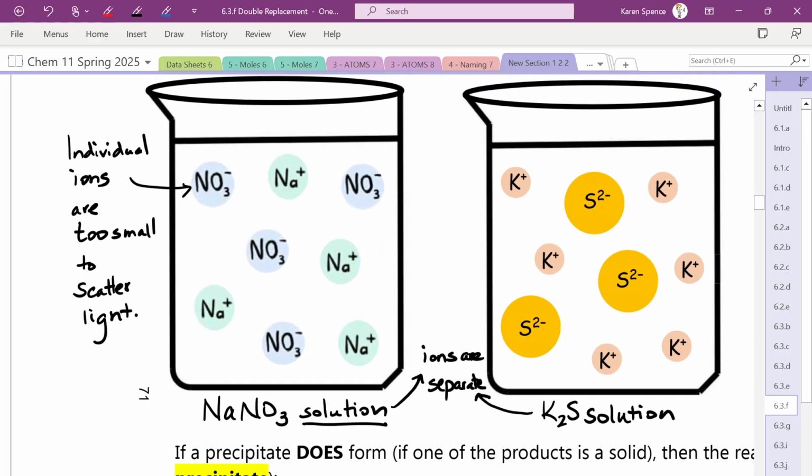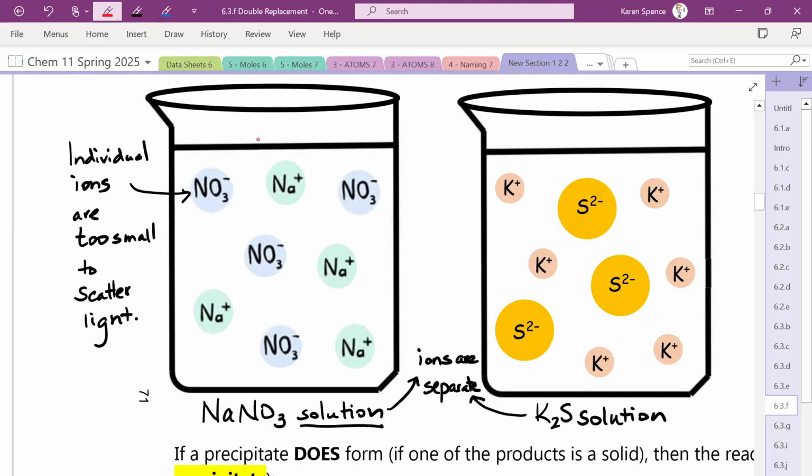So this solution here is going to be clear. The other solution also has individual ions which are too small to scatter the light, so it is also going to be clear. So we have a clear solution, we have a clear solution. Solutions are always clear, right? Because all the ions are individual, so they're all too small to scatter the light.